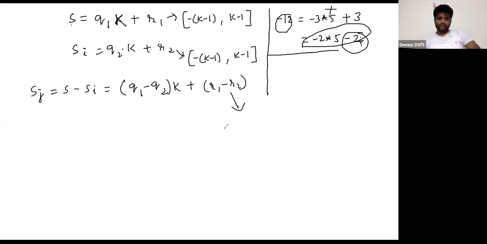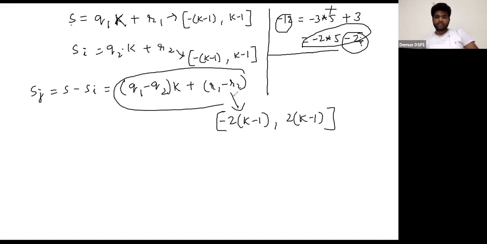So R1 minus R2, rightly as Karan said, can take anything from minus 2 into k minus 1 to 2 into k minus 1. So now let's come back to the same problem. Now you are saying that you want this entire expression to be c into k. Correct? So in this range, what are the cases when this entire sum can become a multiple of k?